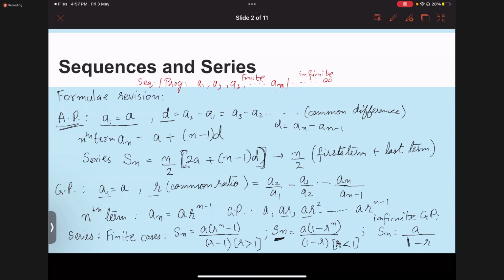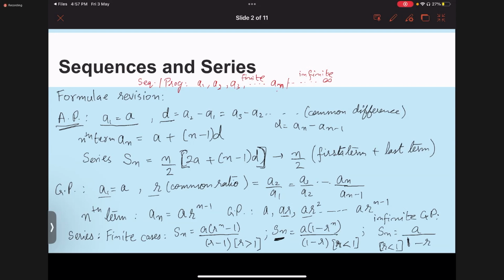So over here also, this will be only valid when your r is less than 1. Okay, so it is easy to remember most of these formulae. It's not very difficult per se. And if you keep these formulae in your mind, it will be easy.